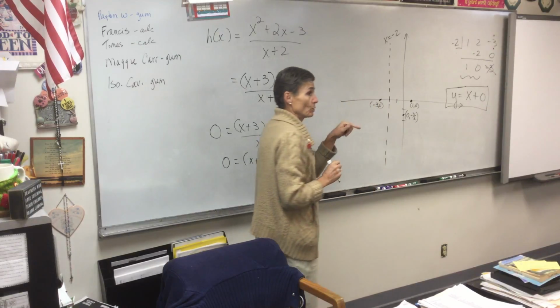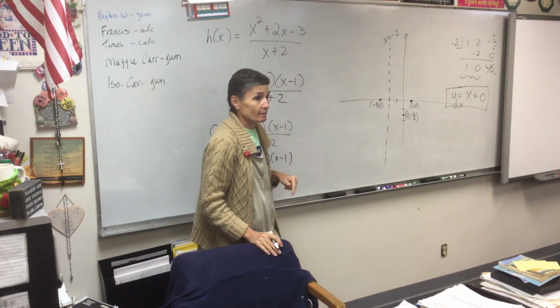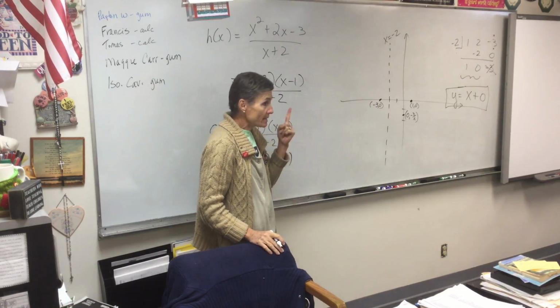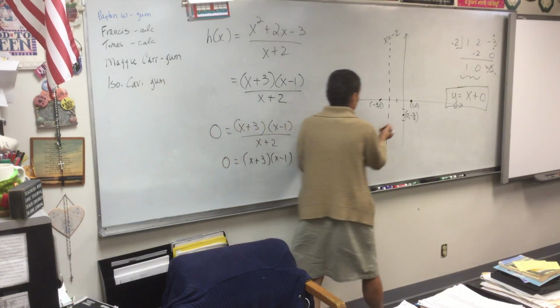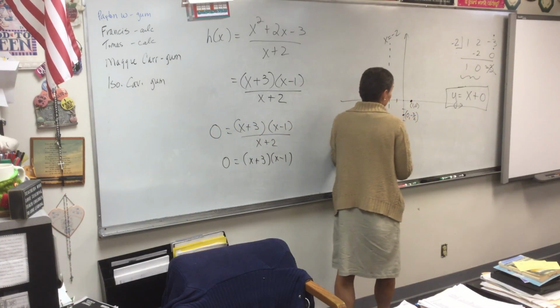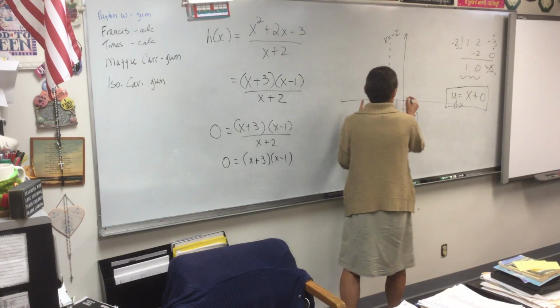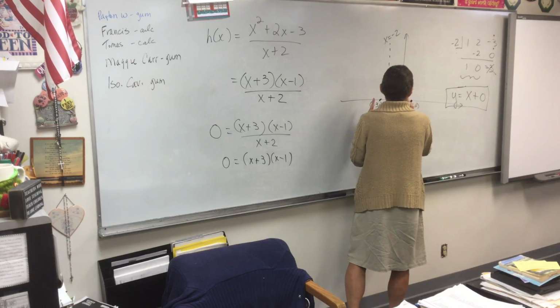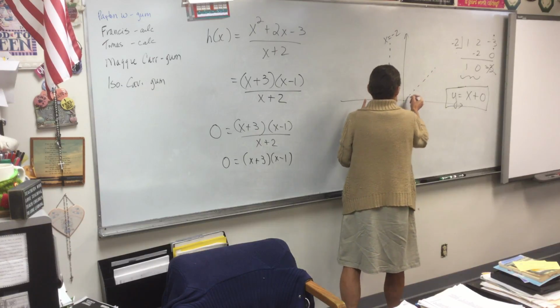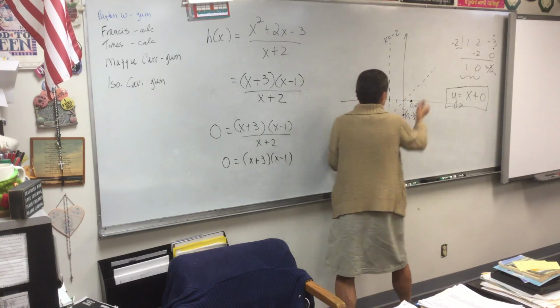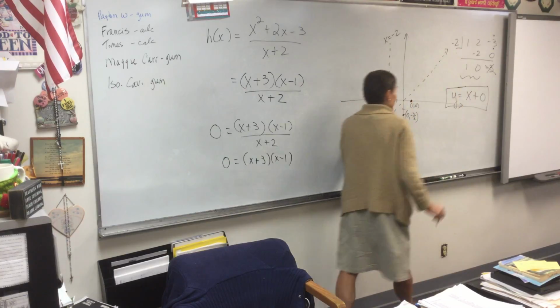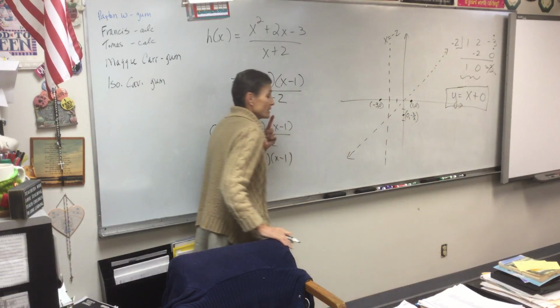What does Y equals X plus 0 look like? A line going through the origin with a slope of, not a slope of 0, a slope of 1. So up 1 over 1. So it looks like this. It's your identity function.